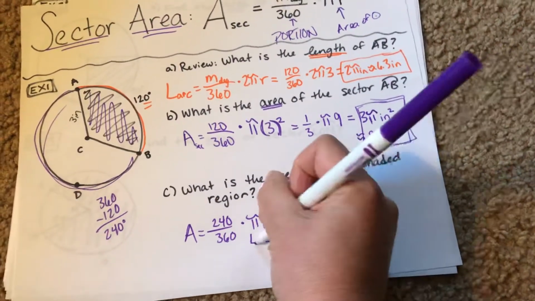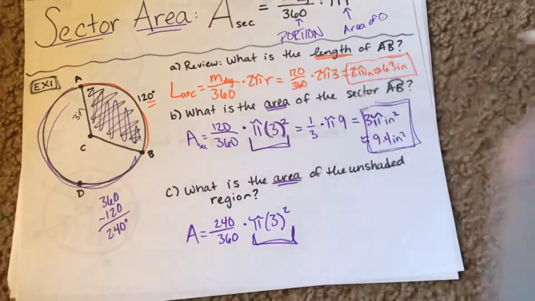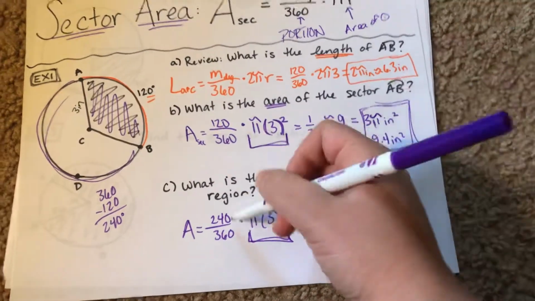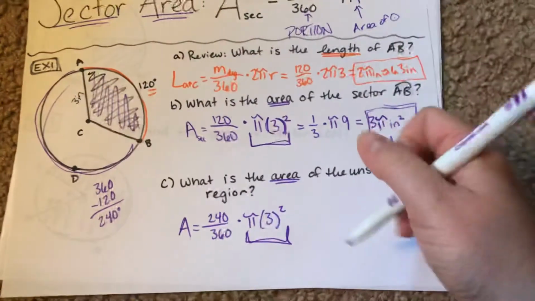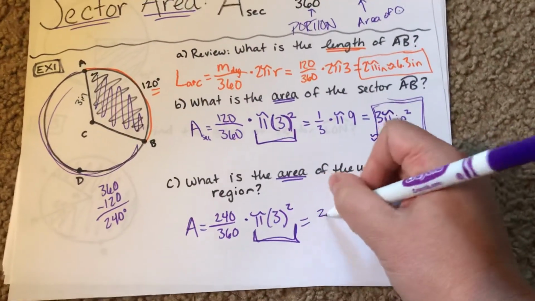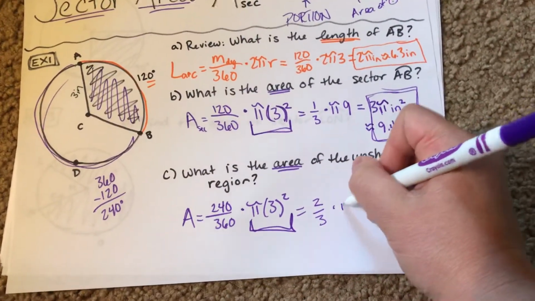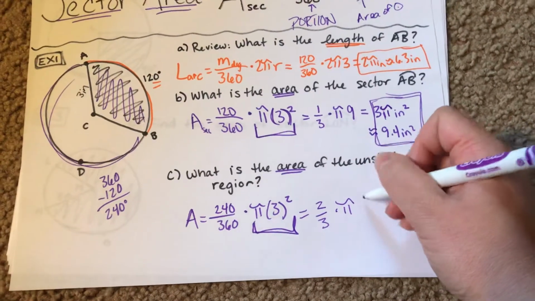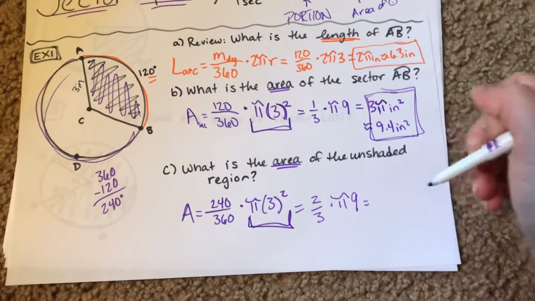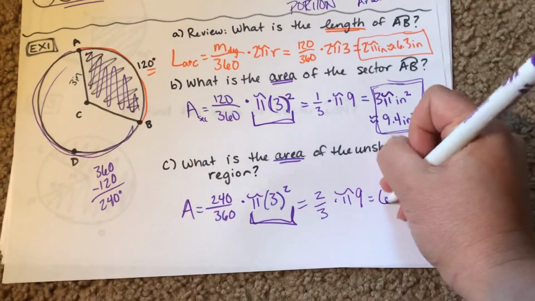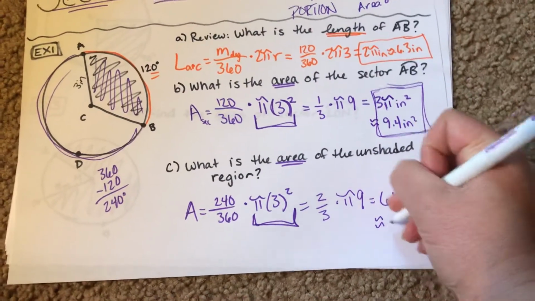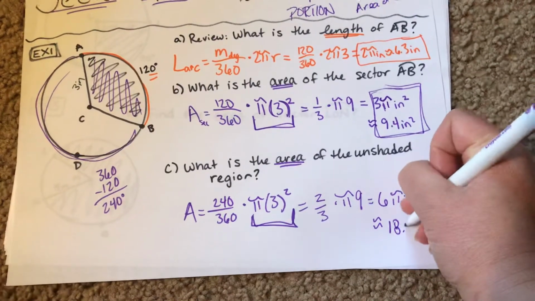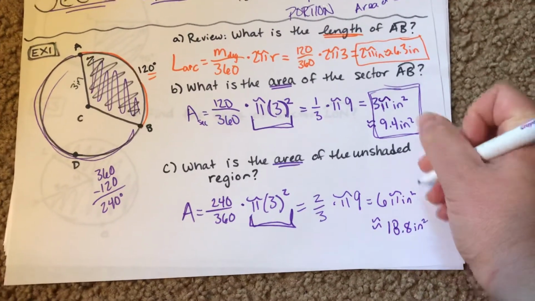This is the same here as it is here because we're still talking about the same circle area. It's just what portion we're talking about. Now we're talking about the rest of this here. So this is going to be equal to 2/3 times pi times 3 squared, which is 9. So in this case, it's going to end up being 6 pi inches squared, which roughly comes out to 18.8 inches squared.